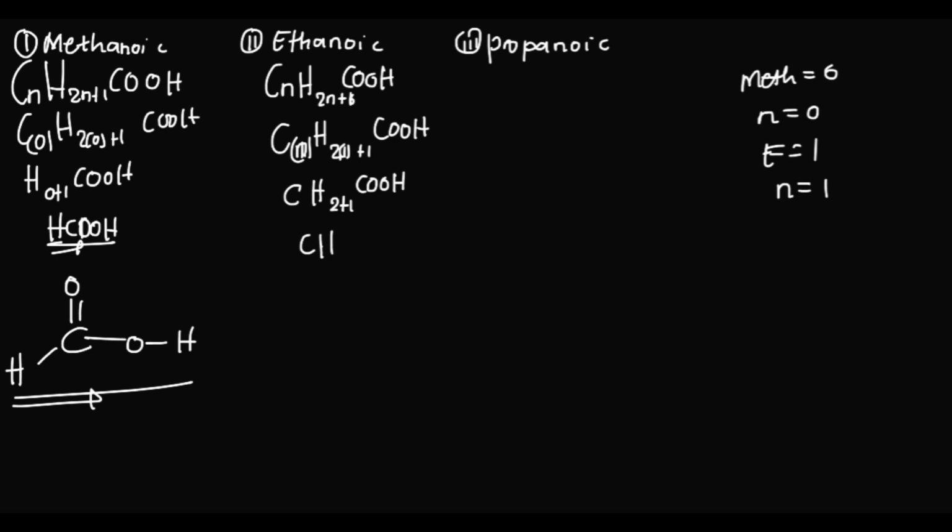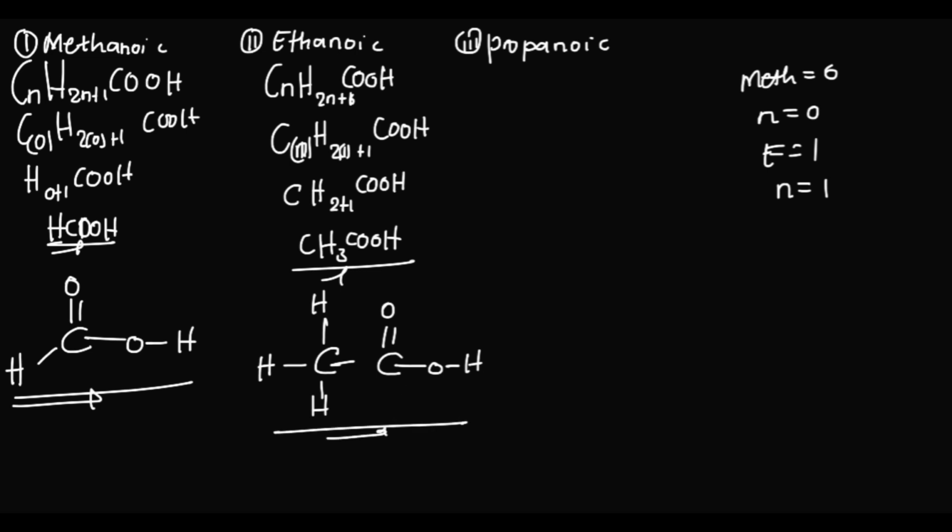So then we have CH3COOH. So this is the molecular formula for ethanoic acid. We can see that we have 2 carbons, so let us write 1, 2. Then the functional group should always be on carbon number 1, so this is where our functional group will be written. Then we complete the remaining structural formula. So this is the structure.